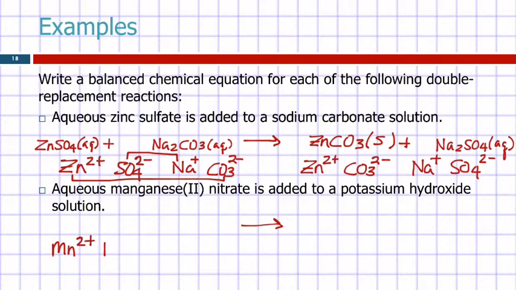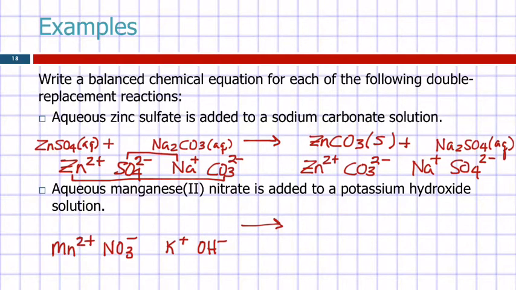Nitrate, NO3 minus, because I memorized it. Potassium hydroxide. Potassium is K, it's in group 1A. It has a +1 charge. Hydroxide is OH minus because I memorized it.